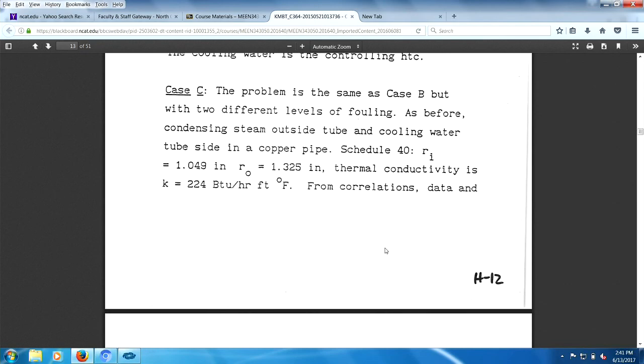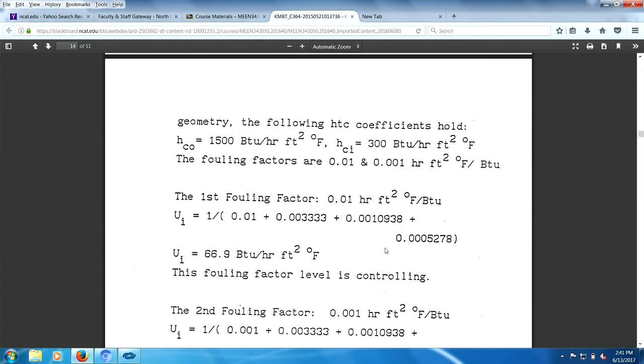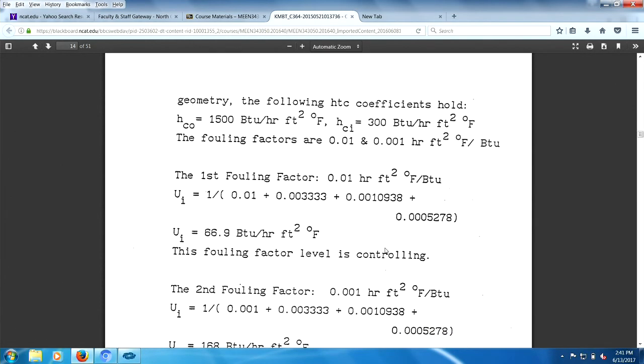Then we throw in fouling levels, okay? We throw in several fouling factors of 0.01, 0.01, and quickly we can see which one's controlling. Well, if we take a look, this was our convection last time, and we also have this here.